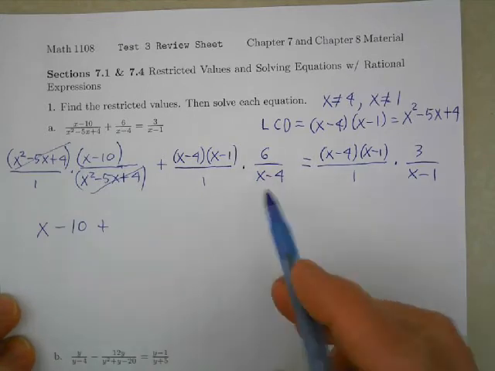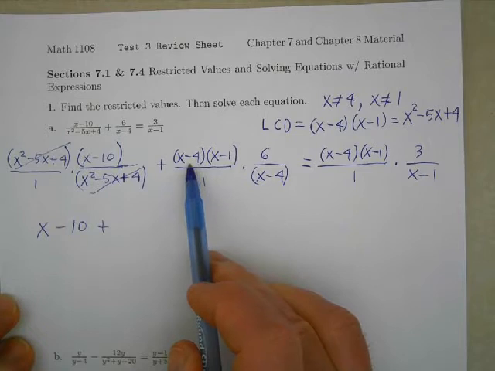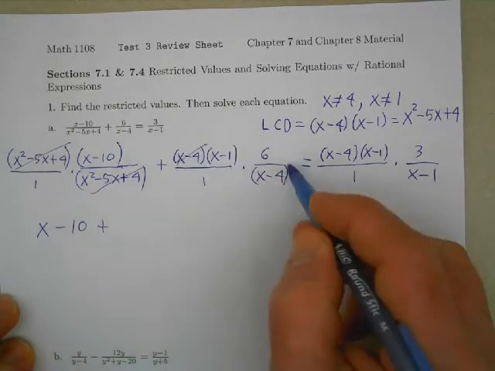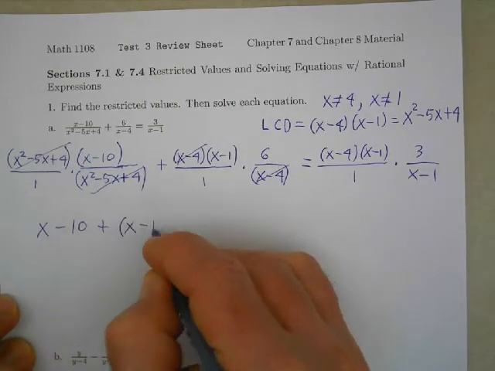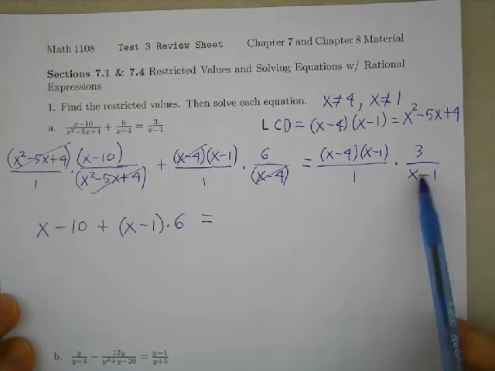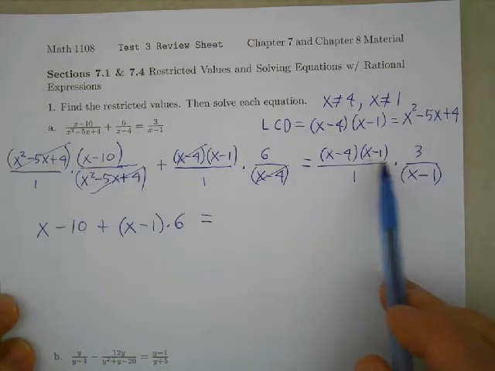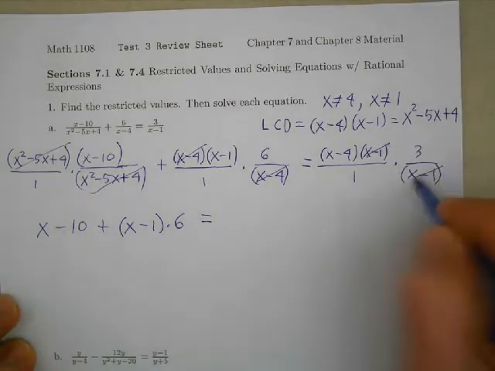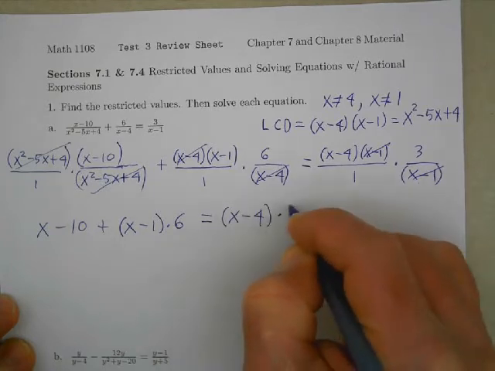And then in the next product, in the numerator, the factor x minus 4 divided by the x minus 4 factor in the denominator, those cancel each other out, so we're just left with plus x minus 1 times 6. And then on the right-hand side, the x minus 1 from the numerator cancels with the x minus 1 from the denominator, and so we're just left with x minus 4 times 3.